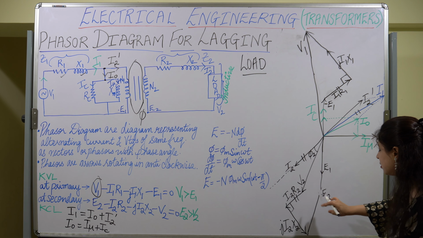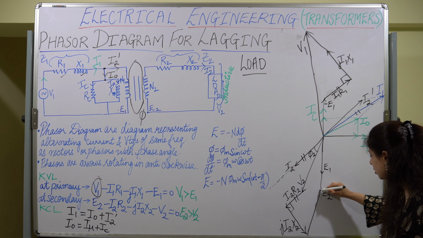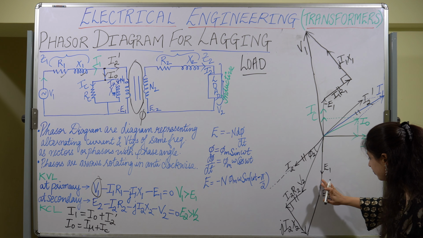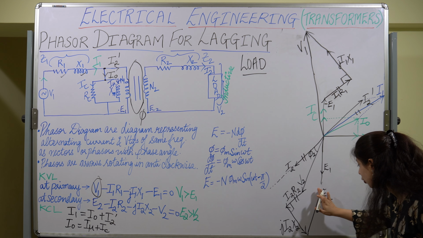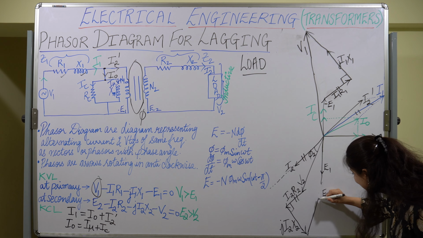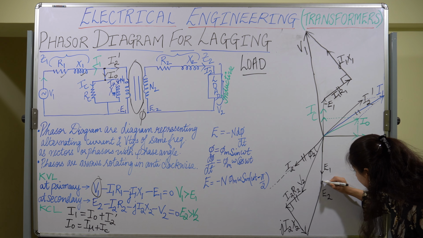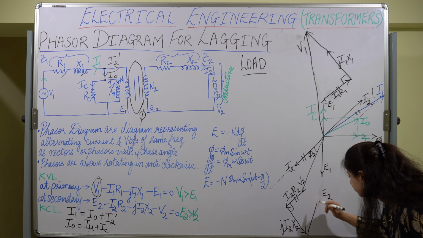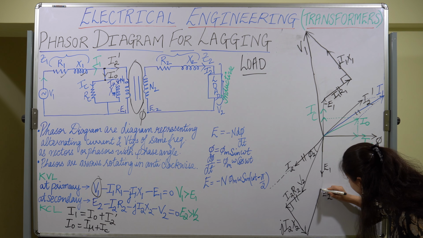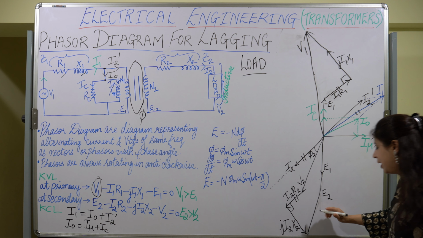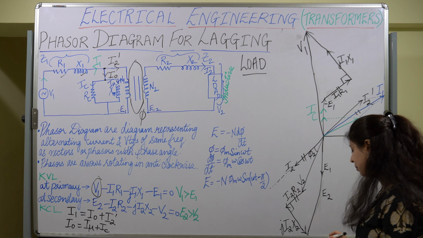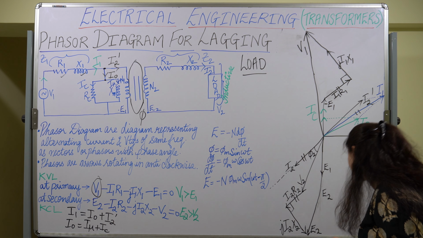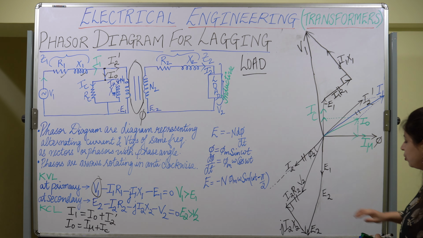Which is the vector sum. I'm not having a ruler over here. If you take a ruler, you will get exact straight lines. So this will be E2.